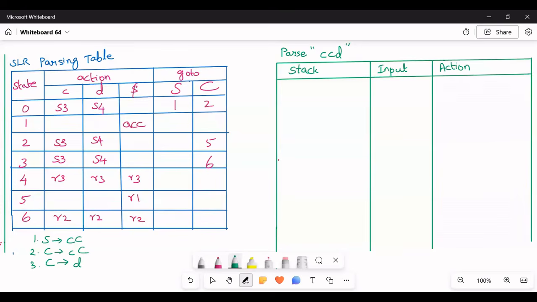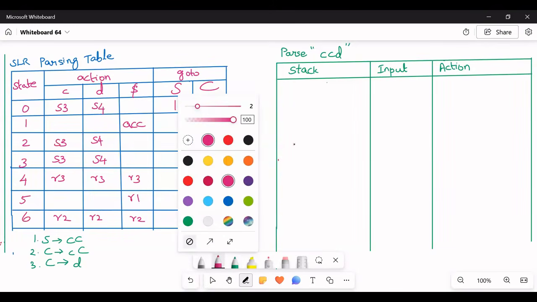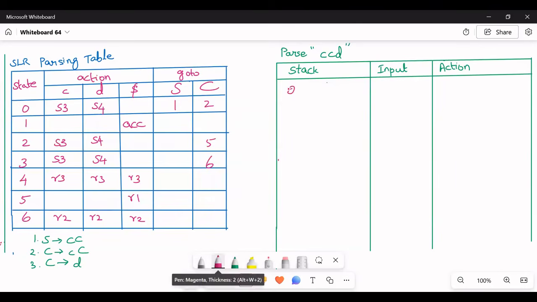Now, if you consider the second input string CCD, here also we will write the start state 0 on stack, then string CCD dollar.